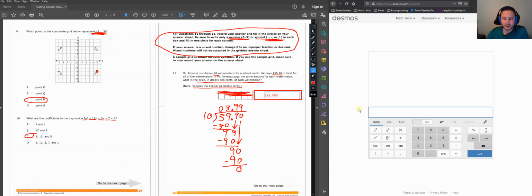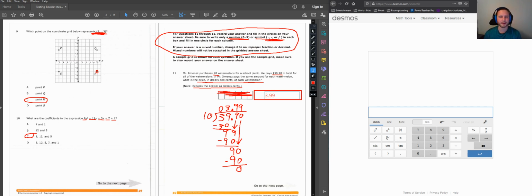However, for this particular problem, here's something that you could do that would make it marked wrong. Adding an extra 0 for this particular problem would make this problem wrong, because it wants you to enter your answer as dollars and cents. And dollars and cents only have 2 decimal places.